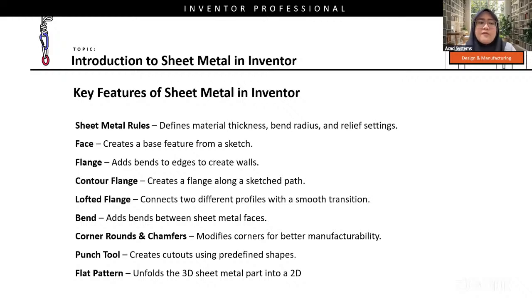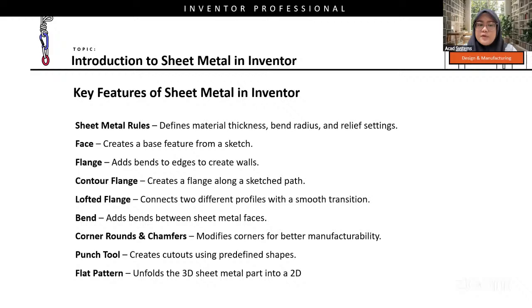And then next we have flange. With flange, we will add bends to create the walls. And then contour flange creates a flange along a sketch path, and lofted flange connects two different profiles with a smooth transition. And then bends add bends between sheet metal faces.